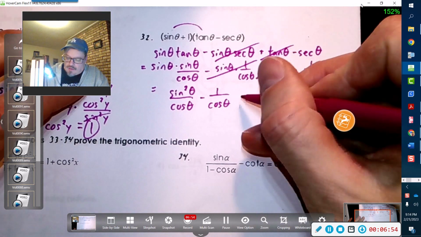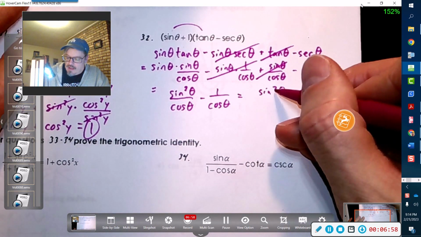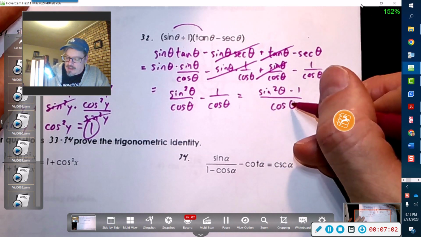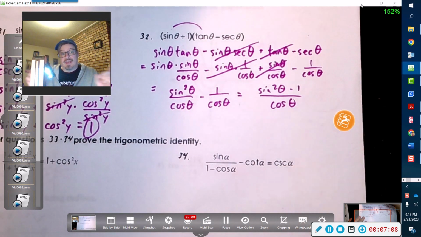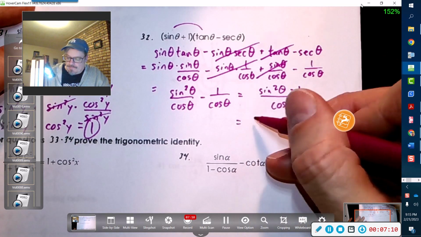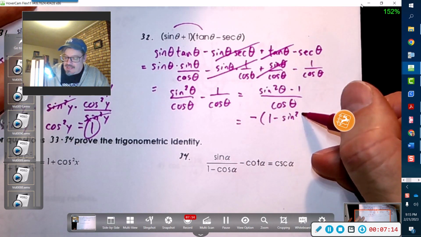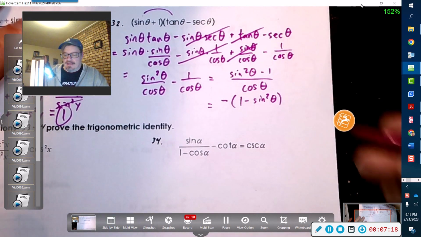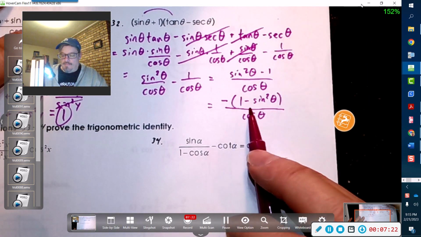All right, so what we got is sine squared theta minus 1 over cosine theta. Now we can switch the order of these playing with the negative sign. Now I need to switch the order so that it will conform to one of my identities. So that would be a 1 minus sine theta.